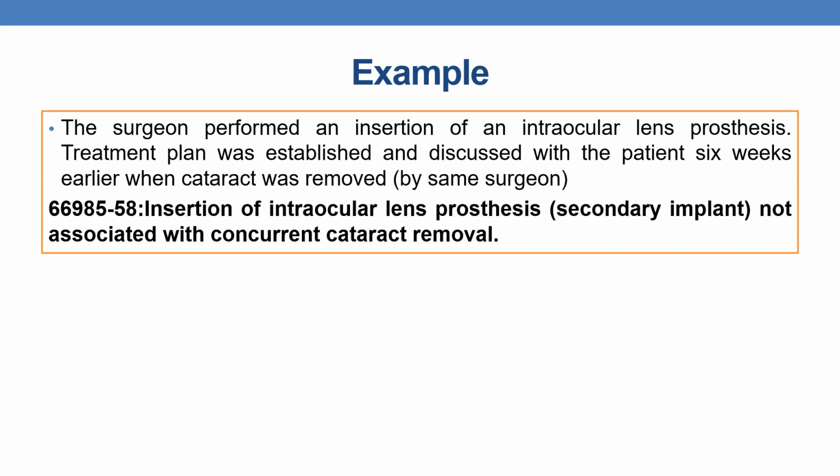Here it is a planned procedure within the post-op period because 6 weeks earlier cataract was removed and now the same surgeon is inserting the intraocular lens prosthesis. So the CPT is 66985 along with 58 modifier. And the description for 66985 is insertion of intraocular lens prosthesis, that is secondary implant not associated with concurrent cataract removal.